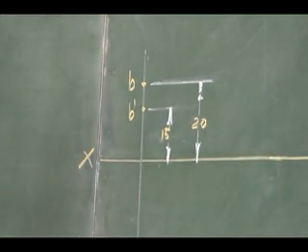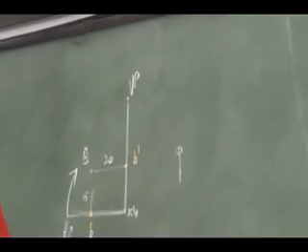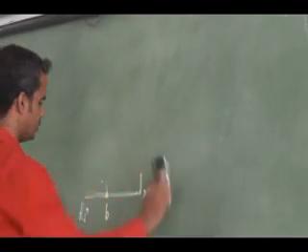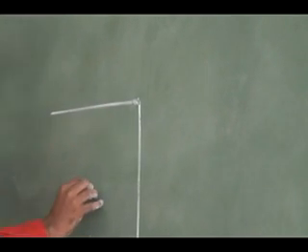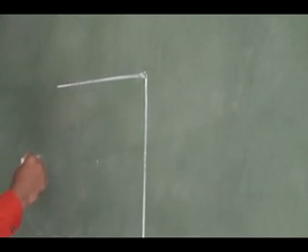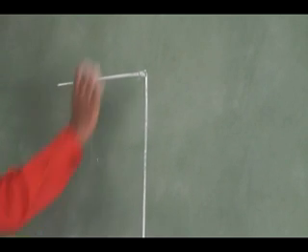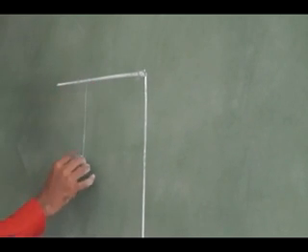Right. So the second subdivision, how do I project it? It is 20 mm below HP and it falls on which quadrant? Third quadrant. The point is 20 mm below HP and 30 mm behind VP.